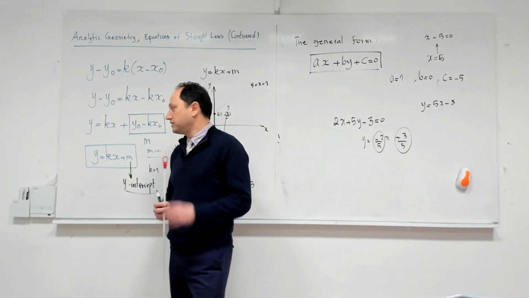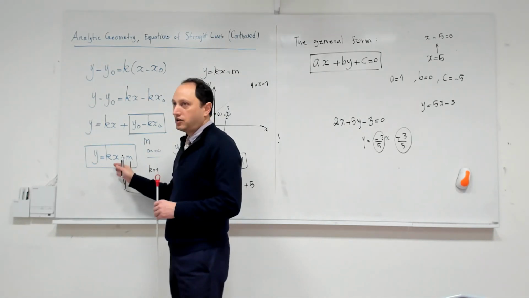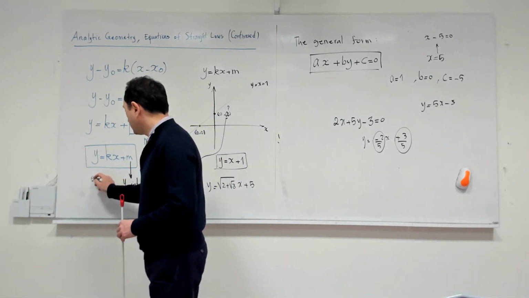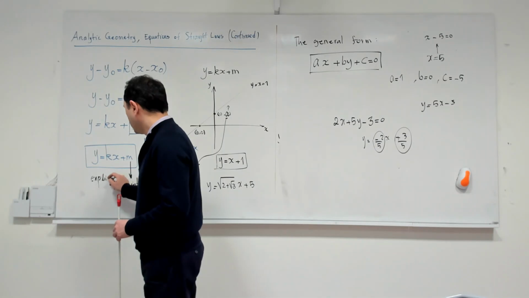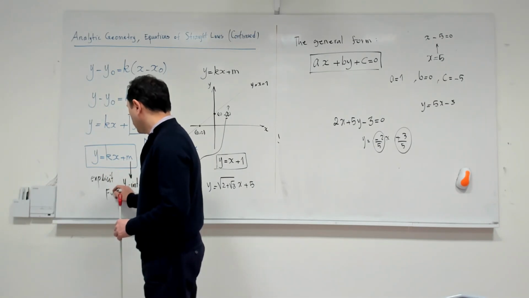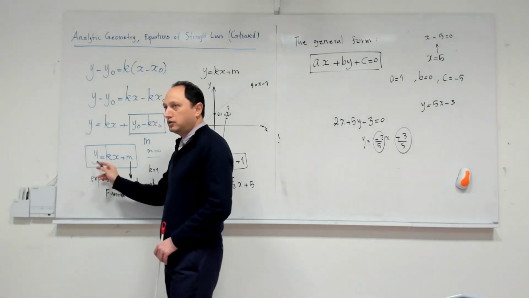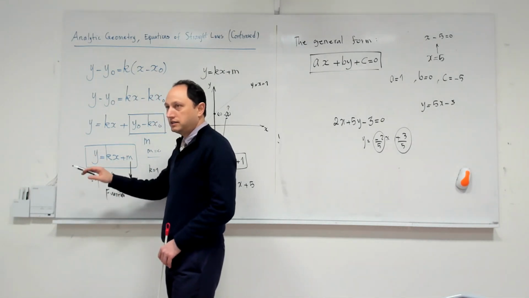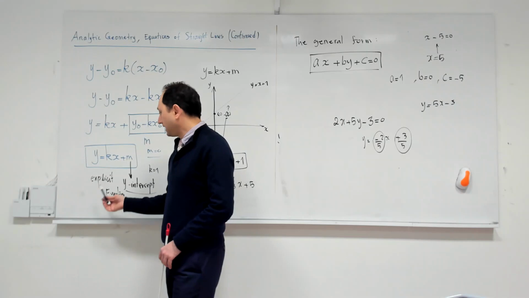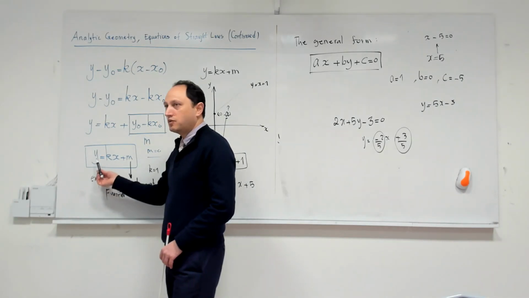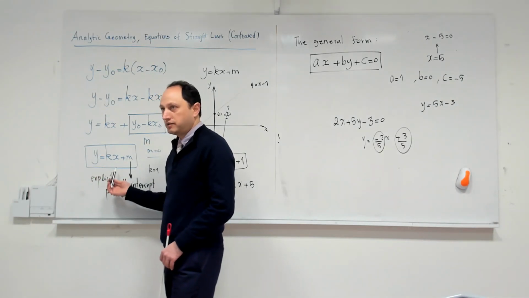By the way, there is a big name for that. This one is called explicit function. Explicit function means that you have y alone on one side and everything related to x on the other side. That tells you that you are expressing y explicitly in terms of x.